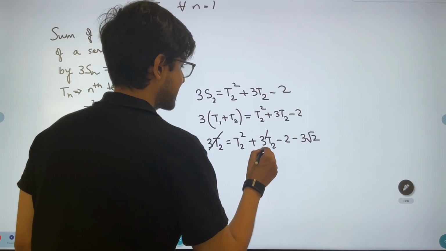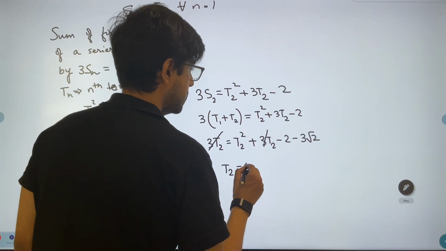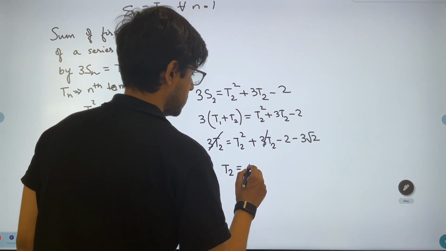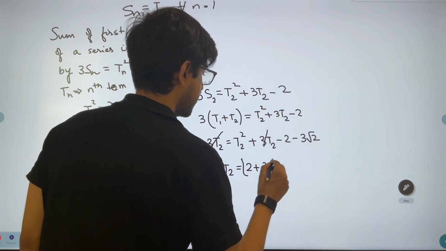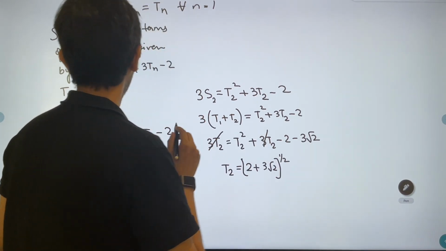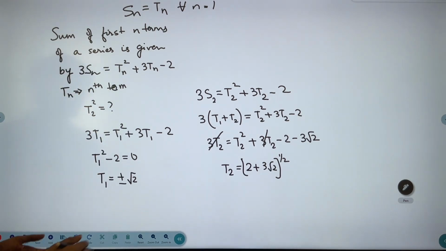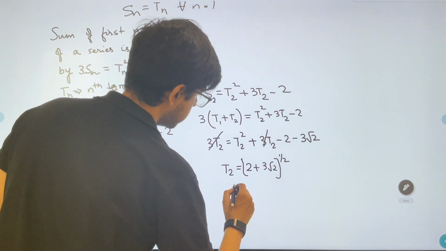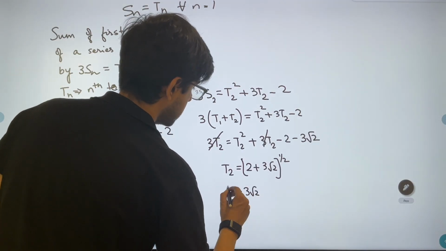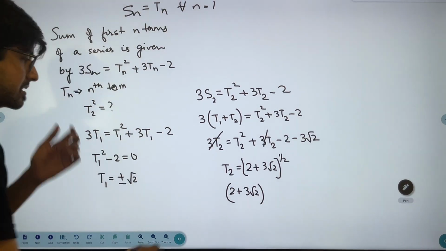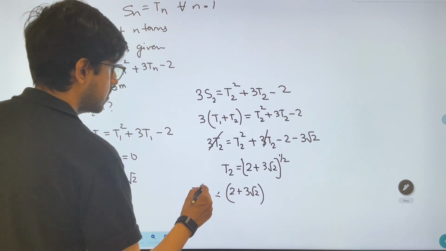So again this gets cancelled, and I have T2 square is equal to 2 plus 3 root 2. And since it's asking for the square, T2 square is 2 plus 3 root 2.